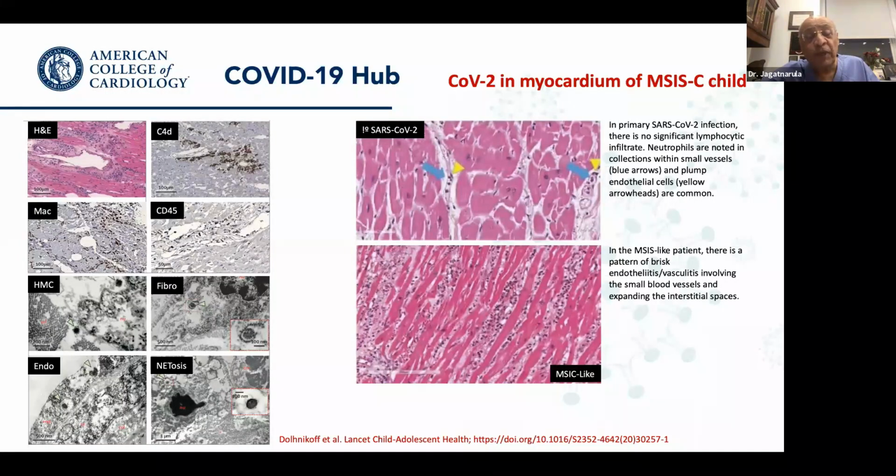It is not a typical disease like Kawasaki, but something similar where you see myocardial affliction. In only about 30% of these cases you may have the viral antigen still present, but most of these cases have already recovered from their viral infection.